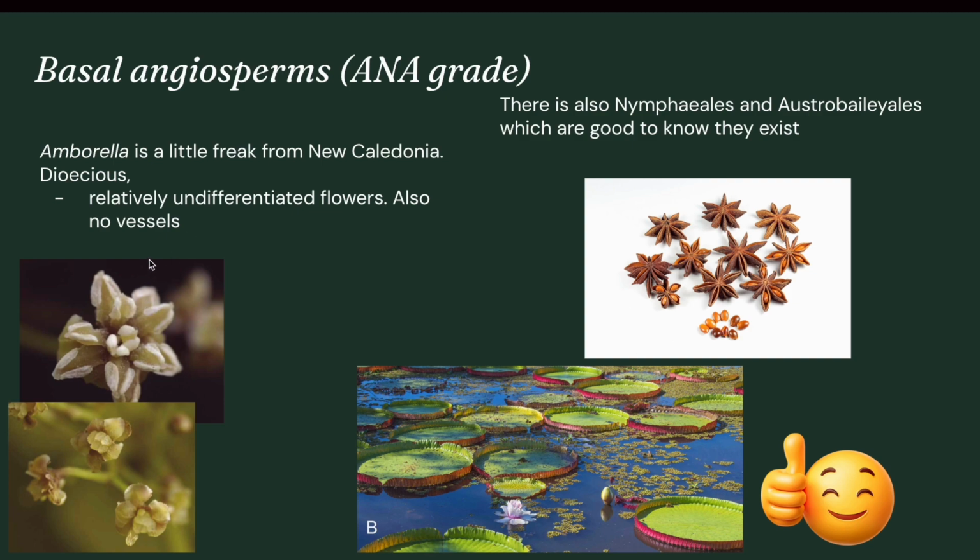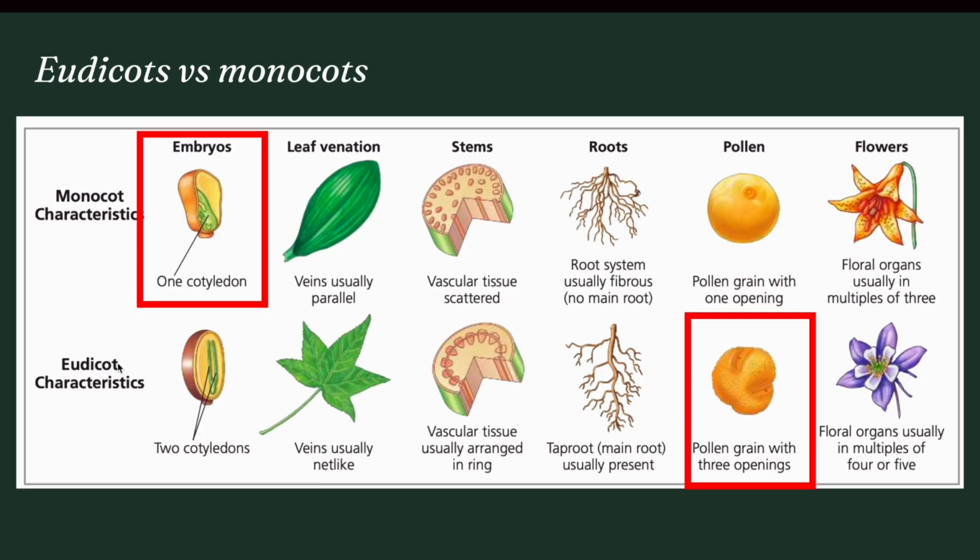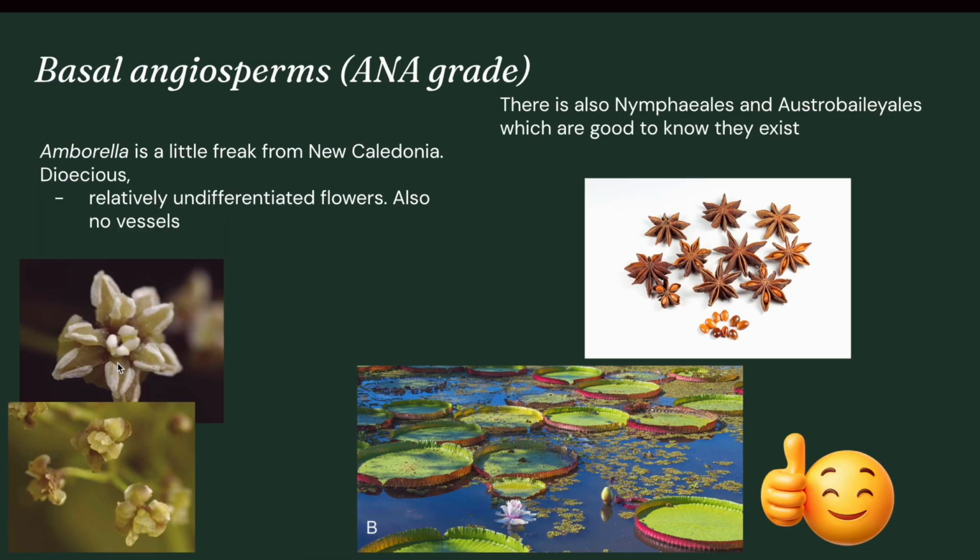Importantly, it has these relatively undifferentiated flowers, which we'll bump into time and time again, and there are also no vessels. Vessels being the important cells that I pointed out earlier, which makes it confusing on whether vessels are actually a synapomorphy for angiosperms or not. Most people say that they aren't. You can only find Amborella on a little island called New Caledonia, which has a lot of little freaks on it.